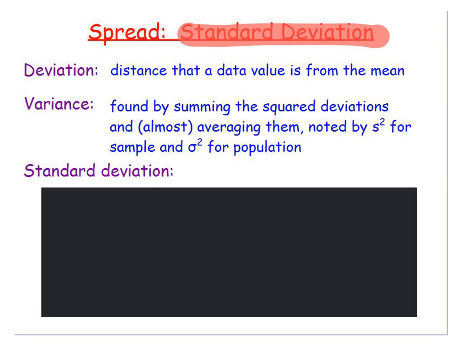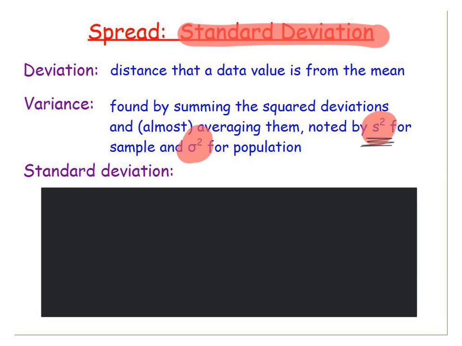The notation for variance is S squared for the sample and sigma squared for the population, although the one that we will be using the most is S squared. So that's the notation for variance.